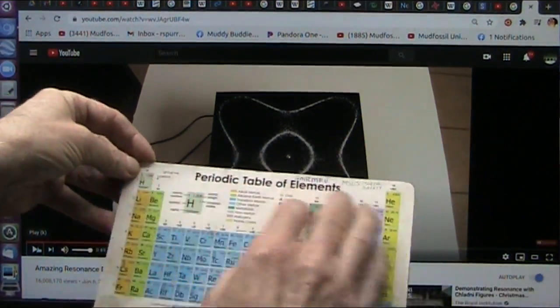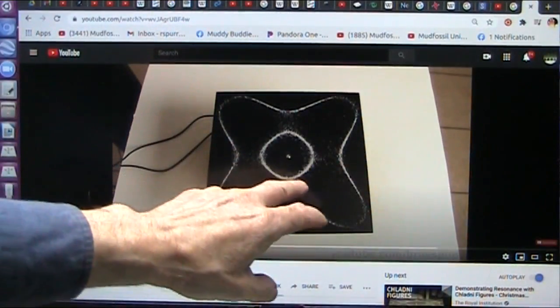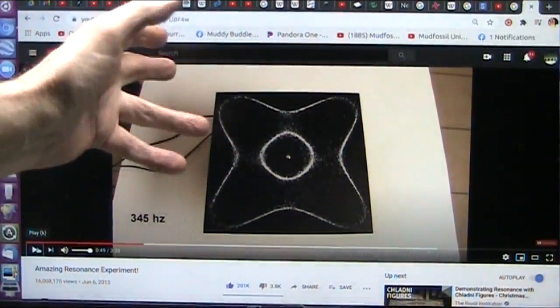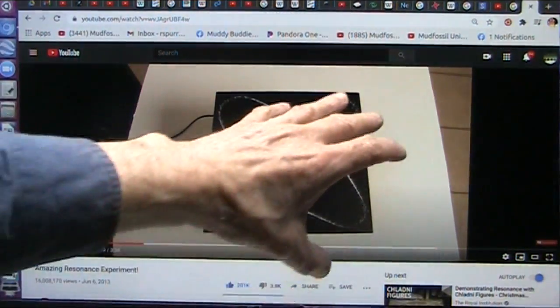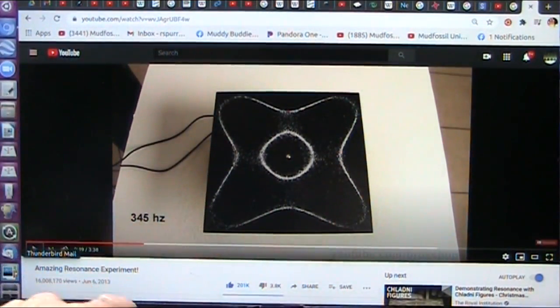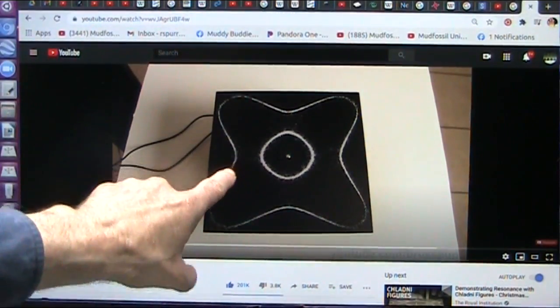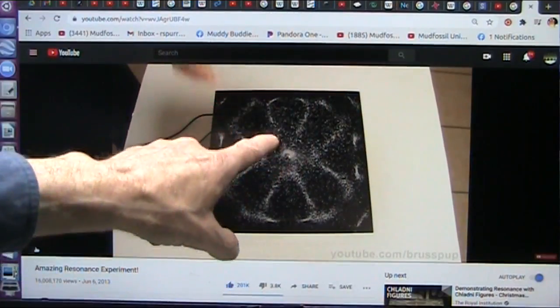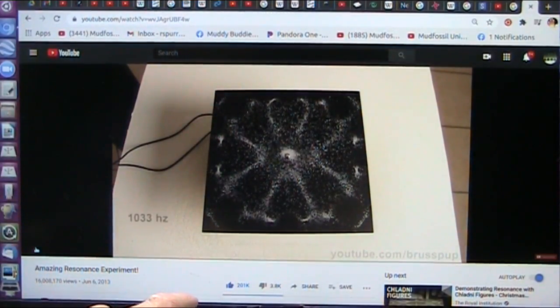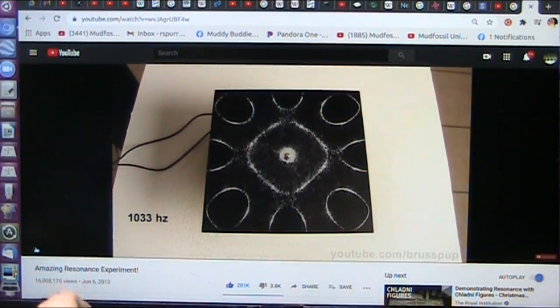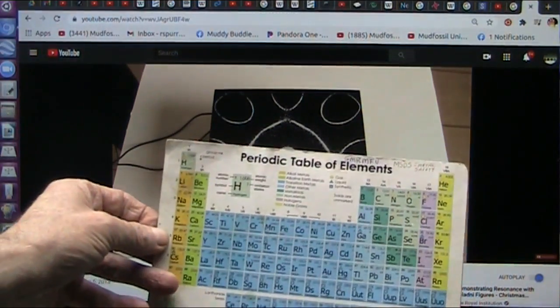Well, it's 1 or 4. Anyway, see, 1, 2, 3, 4. Now, this is the maximum you can have at this frequency. Now watch, when you go to the next one, we go into the rule of 8. But these are the particles, and as you shake the frequency, all of a sudden you're going to see the rule of 8 show up. And to me, that's the next line in a periodic chart.